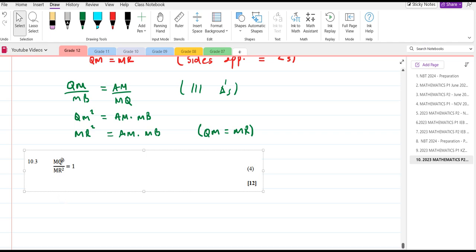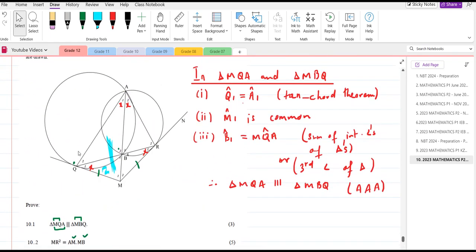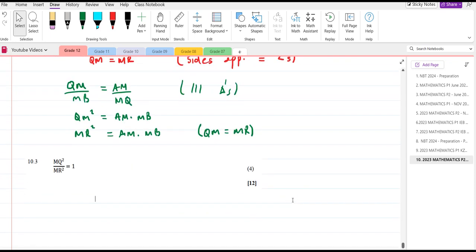How are you going to prove that MQ squared over MR squared is equal to 1?